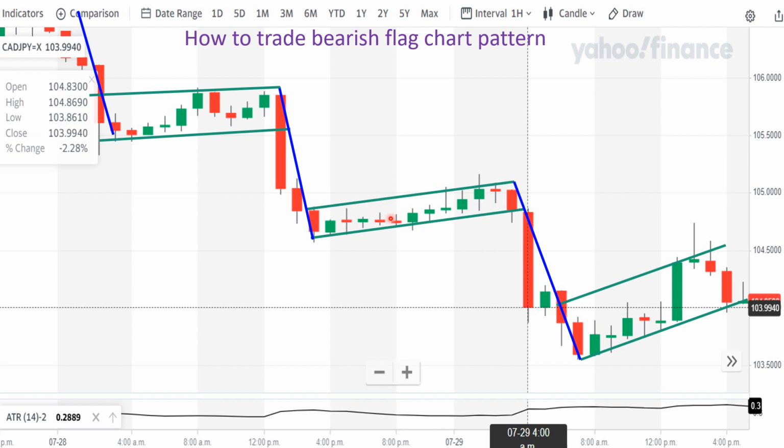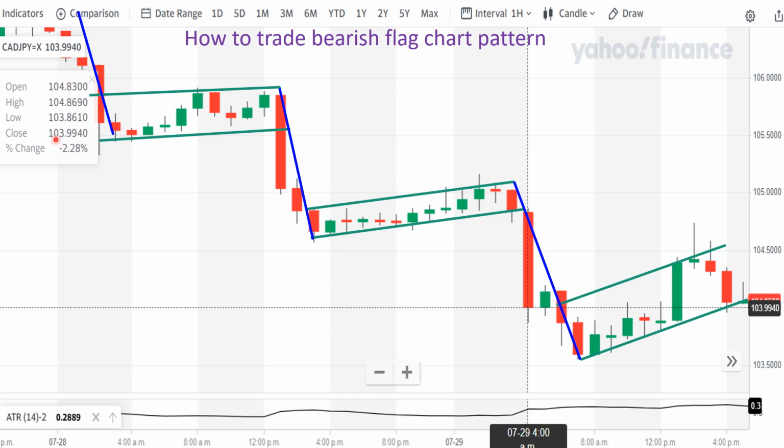There is not that much fluctuation, and as the consolidation or the flag pattern completes, you see the price is ready to break out of the support. You see this bearish candle that opened outside the support area and is going down.